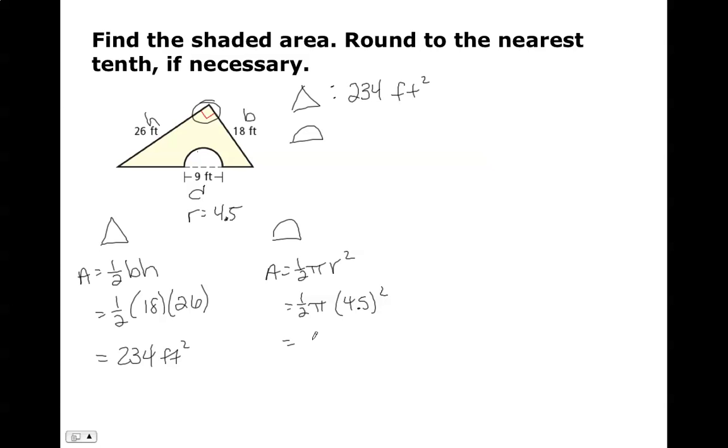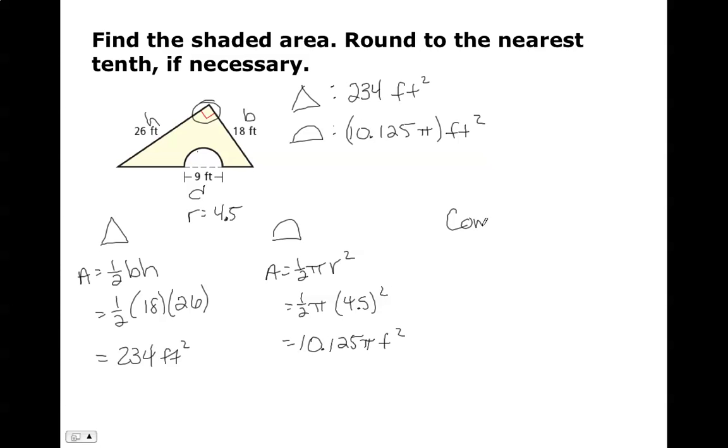And we can multiply 4.5 times 4.5 divided by 2, which gives us 10.125 pi feet squared. Again, leave this as the exact answer until the very end. So the area of the semicircle is 10.125 pi feet squared.